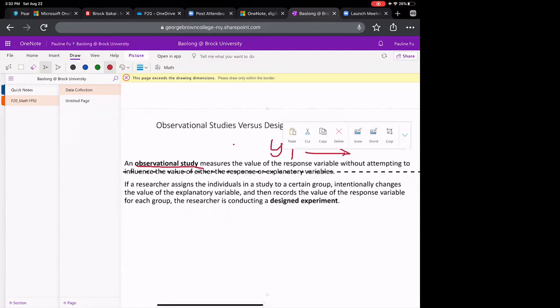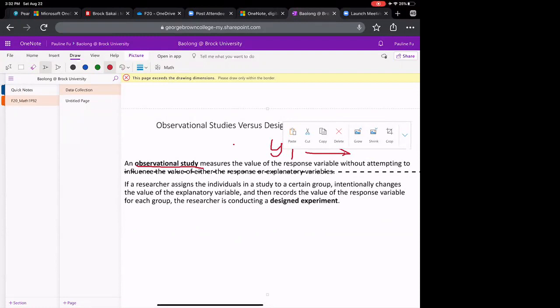So in an observational study, you don't control explanatory variables. This is an observational study. Researchers just observe in natural settings. They don't control variables.